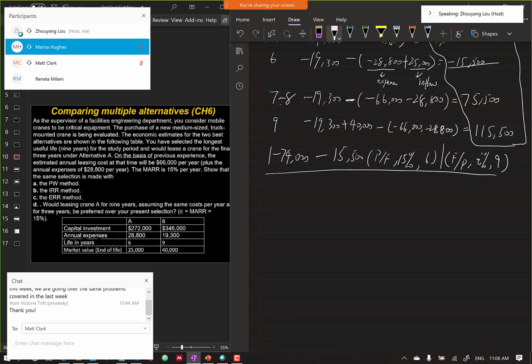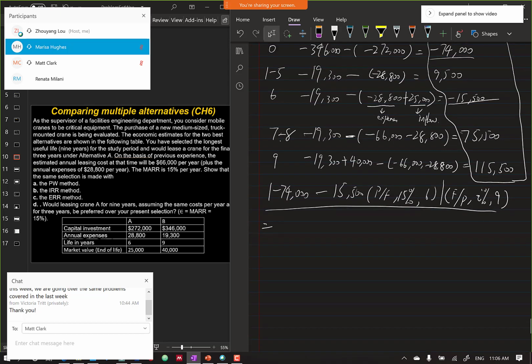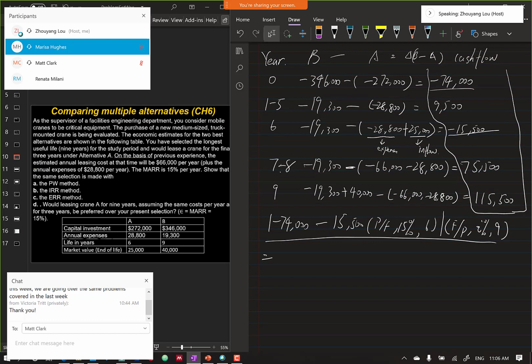Now let's do the right hand side part. So all the net revenues here. We're starting with these guys. The first one will be from year 1 to year 5, and that's 9,500, and we want to bring all these to the future at year 9.